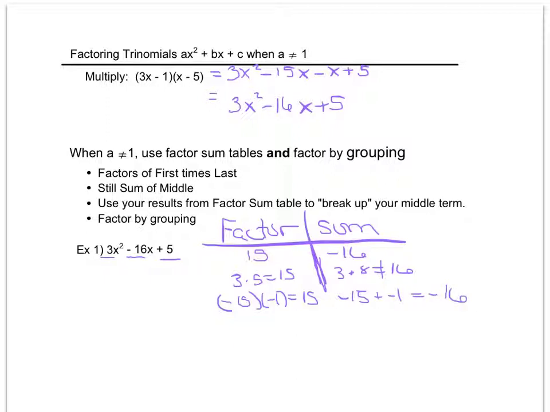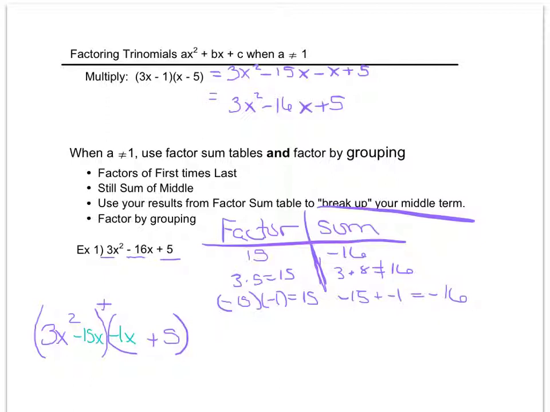So now I'm going to use that to break up my middle term. The 3x squared is going to be the same. The plus 5 is going to be the same. However, now in the middle, I'm going to have a minus 15x and a minus 1x. So now according to factoring by grouping, I'm going to group my first two and my last two and put a plus sign in between.